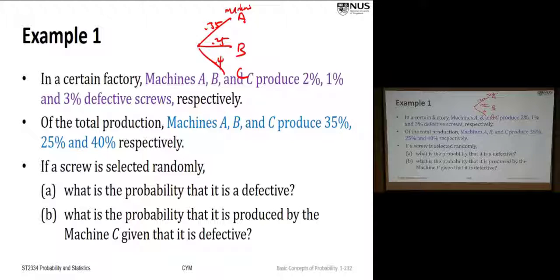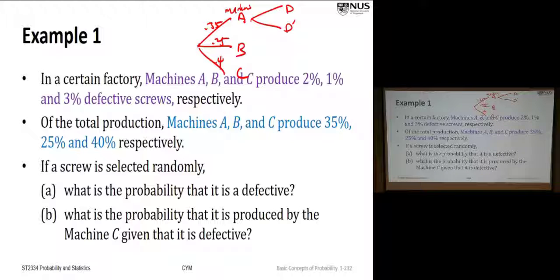Then the second stage is whether the screw is defective or not. Okay? So there are only 2 possibilities. One is a defective screw. The other one is a non-defective screw from machine A. So this one, all right?